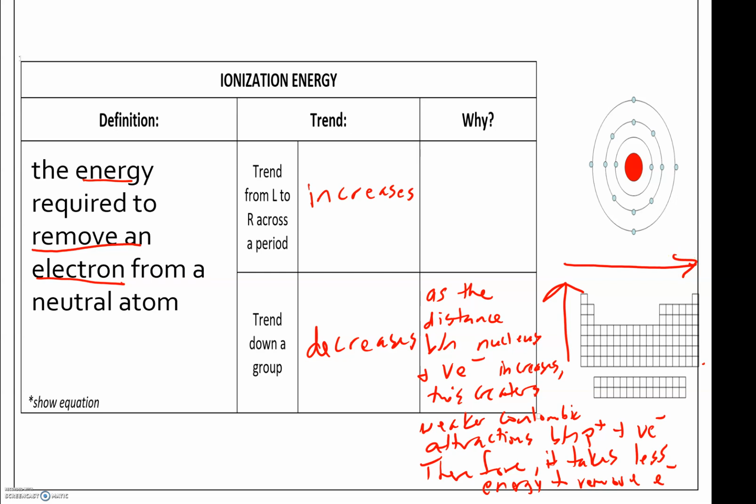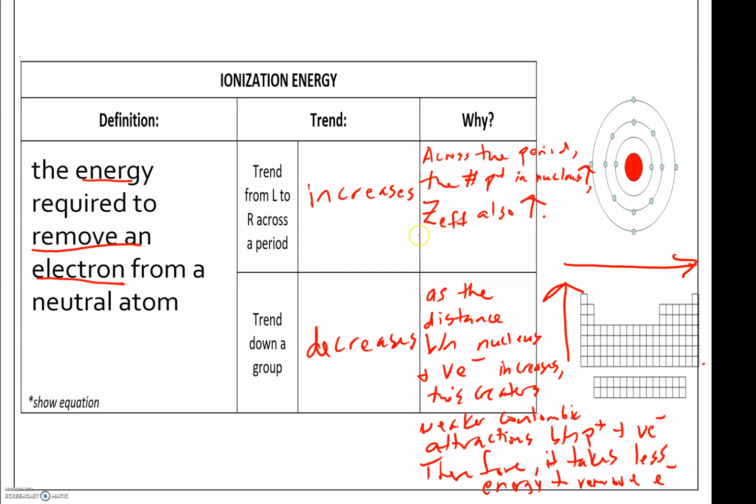Well, I think it has to do with that effective nuclear charge concept again. Across the period, from left to right, the number of protons in the nucleus is going up. It's increasing. Therefore, the effective nuclear charge, or in other words, the pull or attraction of the nucleus on those valence electrons, also goes up.